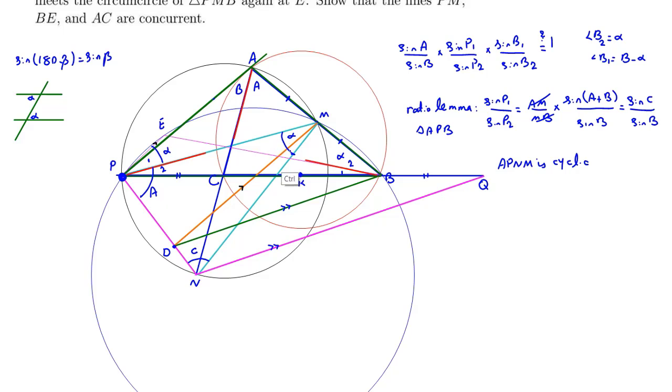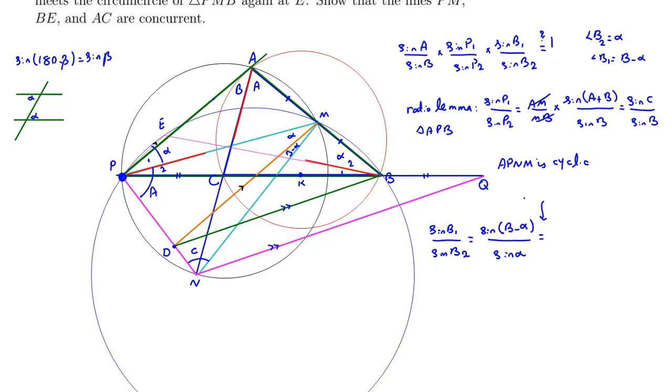Because it is alpha, we conclude that this angle is B minus alpha. So here it is alpha, B minus alpha, alpha, B minus alpha. When I want to find sine B1 over sine B2, I can use triangle MPN and the ratio lemma. So sine B1 over sine B2 is sine of B minus alpha over sine alpha.